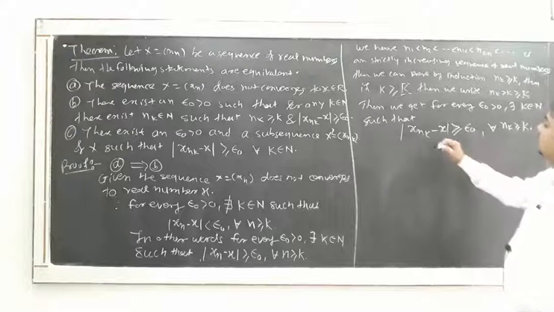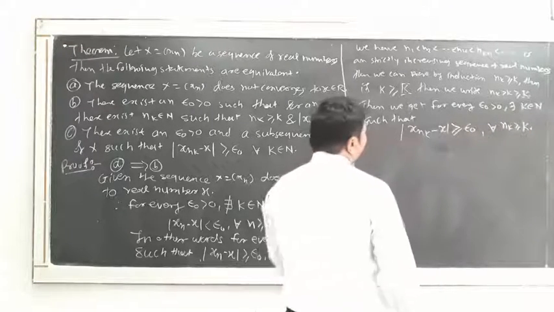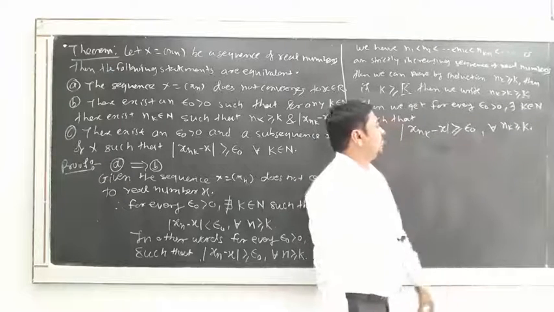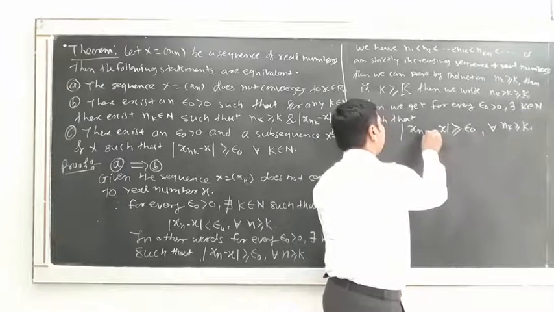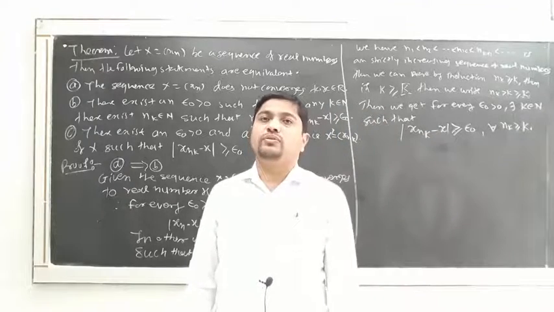That means here we are able to find the nk such that |xnk minus x| is greater than or equal to epsilon 0.